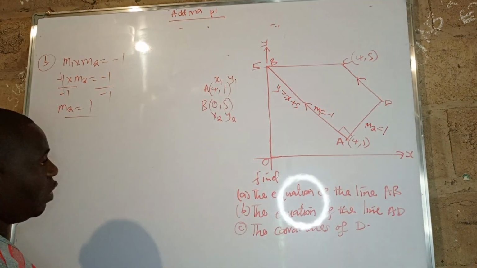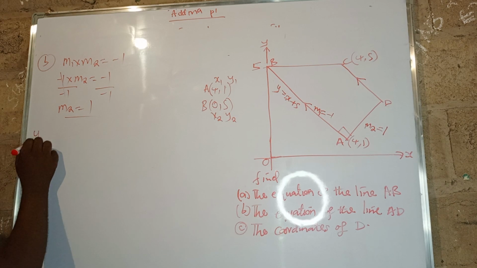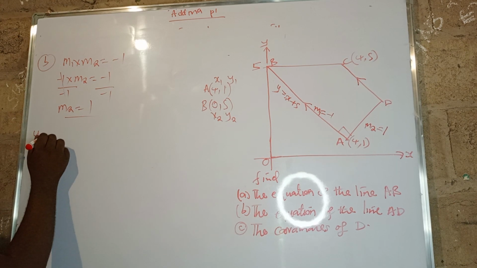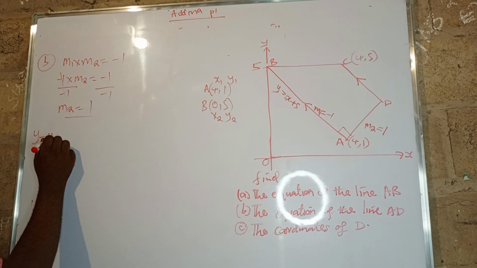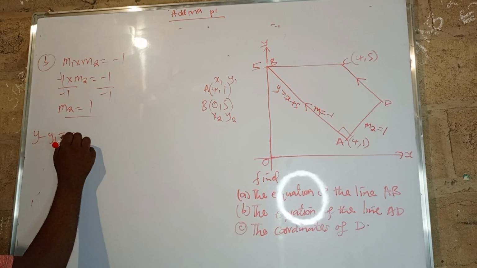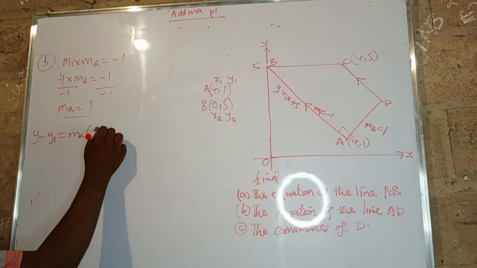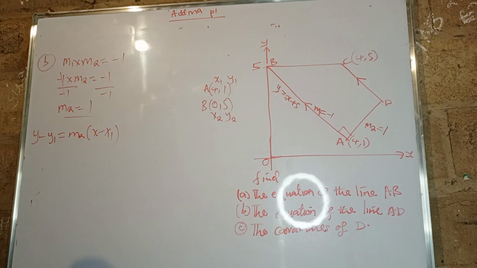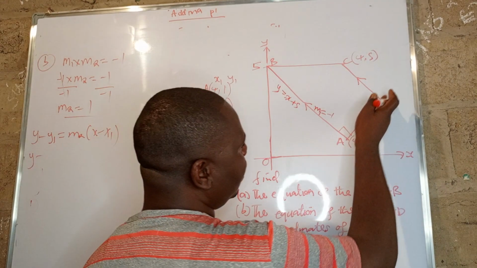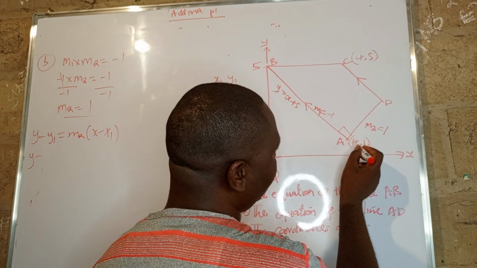Now we find the equation. The equation is given by y minus y1 equals m2 times x minus x1. Since I found the gradient for this line, I can get the coordinates for A.